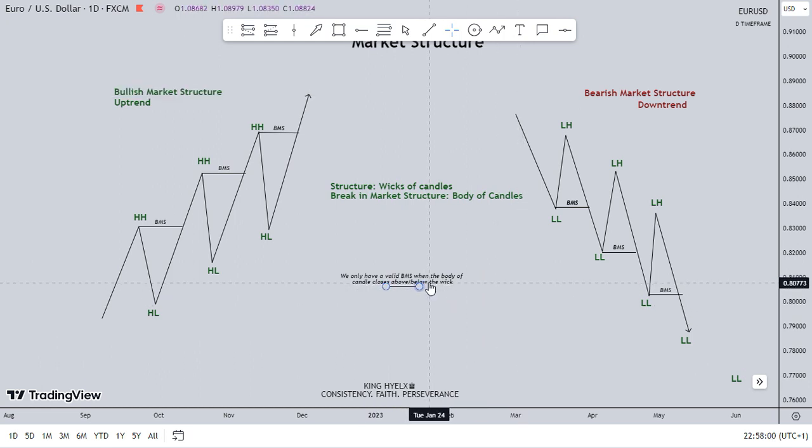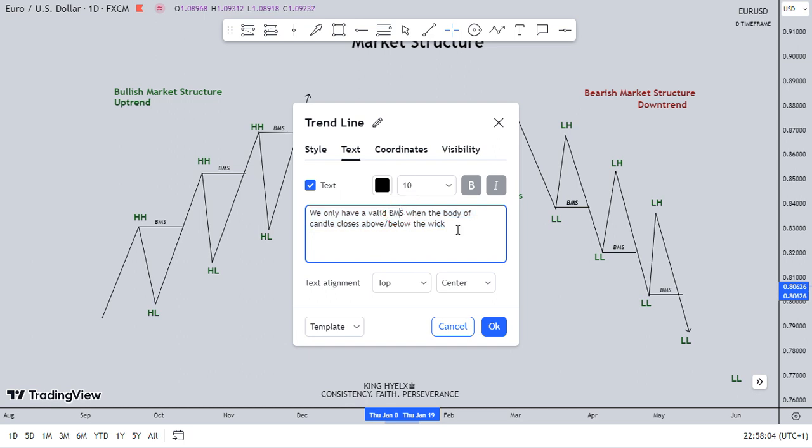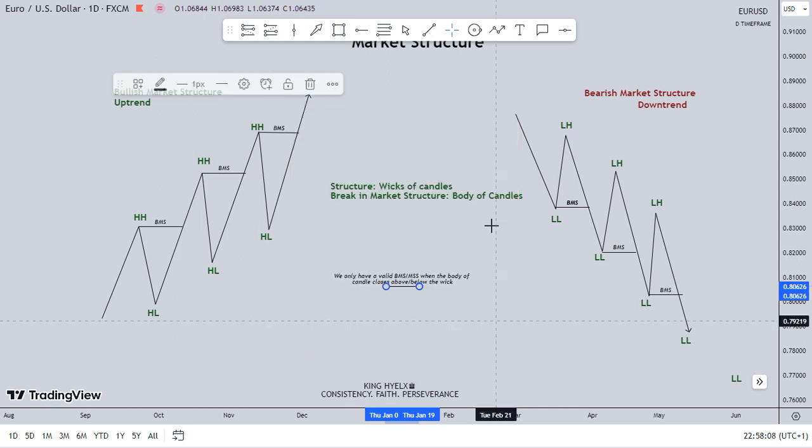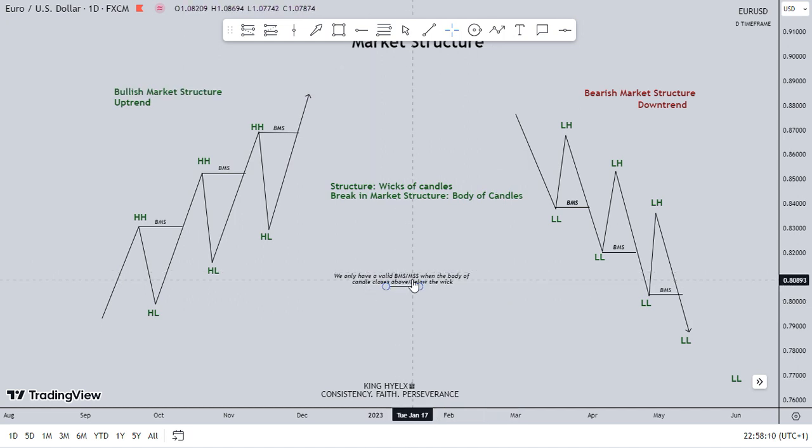We only have a valid break in market structure, right? Or market structure shift. Let me just put this here because I'm going to be using MSS down the line, right? So we only have a valid break in market structure or market structure shift when the body of candle closes above or below the wick.